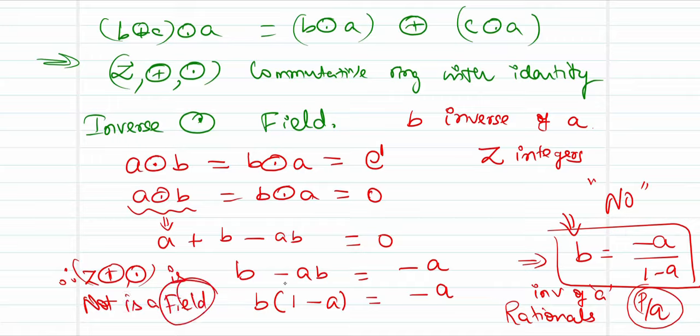So if this has to be a field, then this must be an integer. If I am able to get this as an integer, then very well I can show that the answer is going to be true. But since this is not an integer, now I can declare that this is not going to be a field.